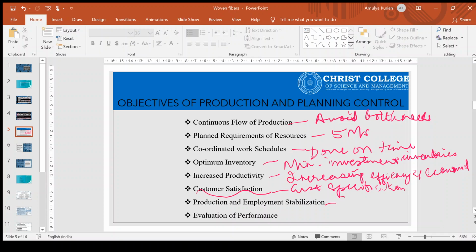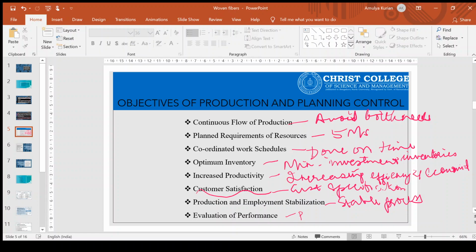This will ensure that stable processes are in place, where the quantity of sales is consistent with the sales. The last one, evaluation.